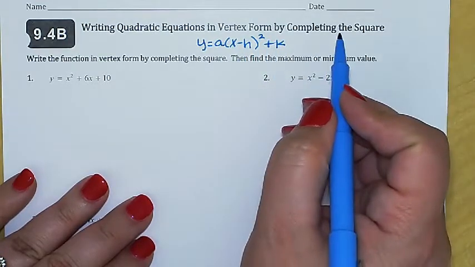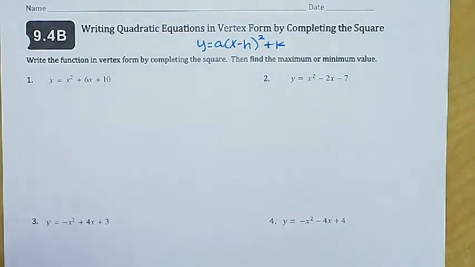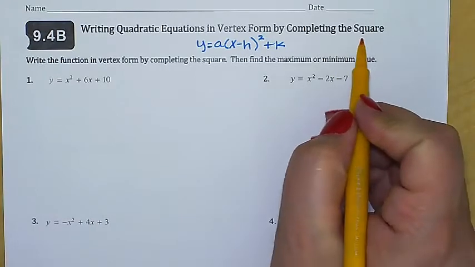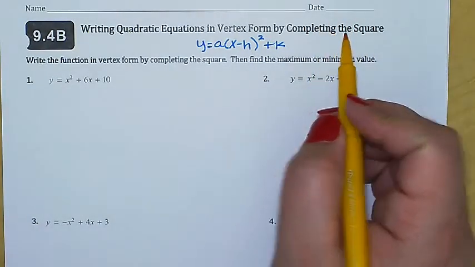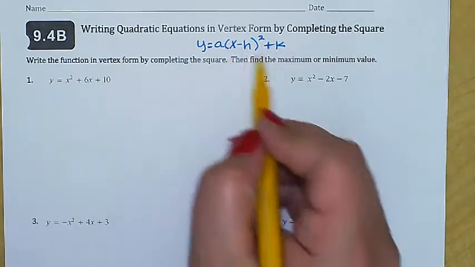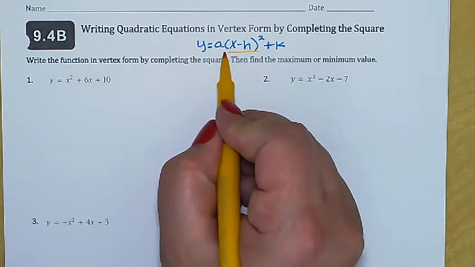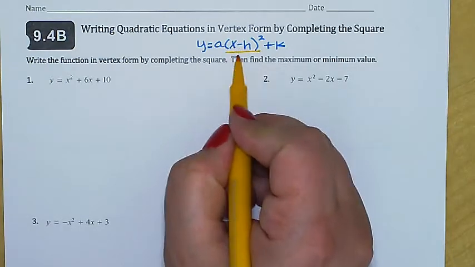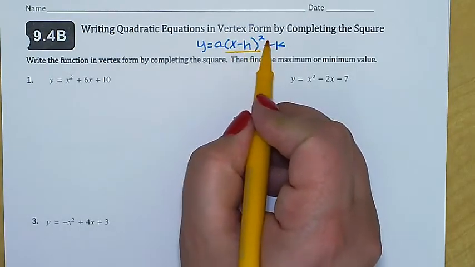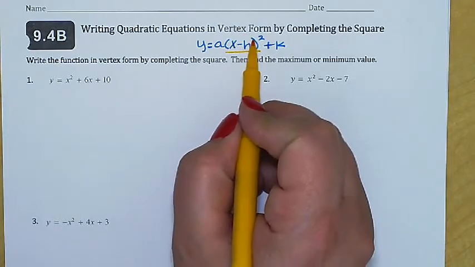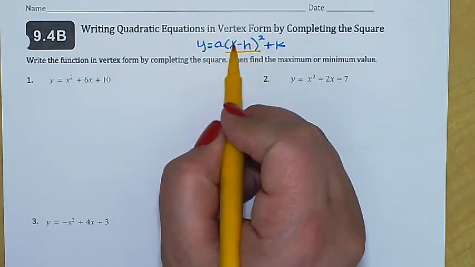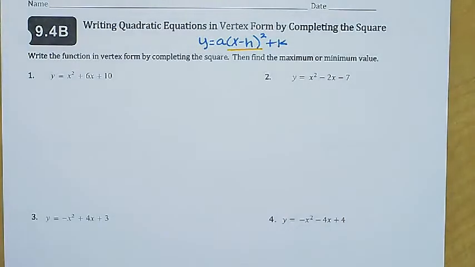And the reason why we can use completing the square to write vertex form is because hopefully at this point, you know, completing the square creates a perfect square that we can then write in a power format. And if you notice, that is always present right here in the vertex form. It's always that binomial to the second power. So you have a perfect square written in power form right here embedded in that vertex form.